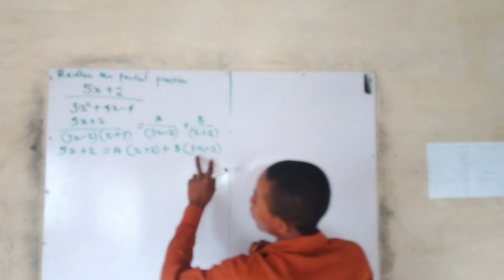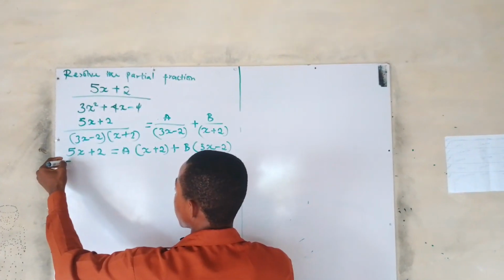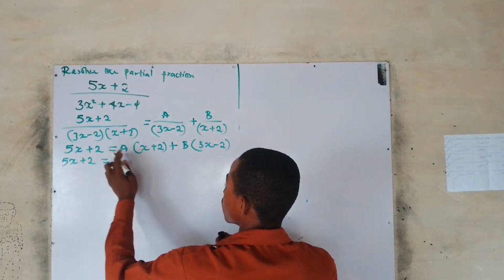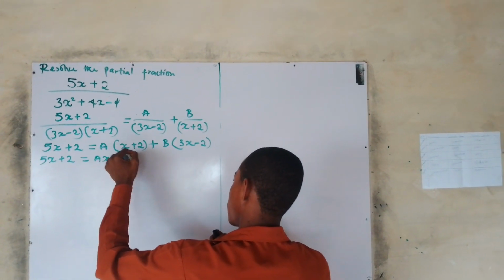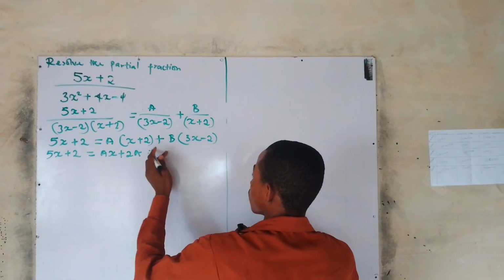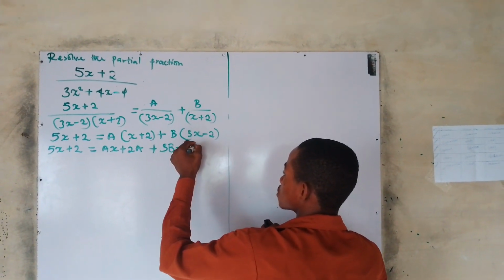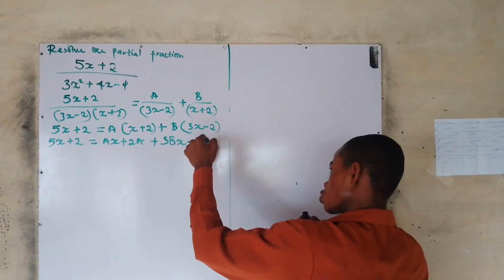So from here we can open the brackets. We'll have that 5x plus 2 is equal to A times this and A times this, which gives you Ax plus 2A, plus you do the same thing, you open the brackets: 3Bx, and minus times plus is minus 2B.